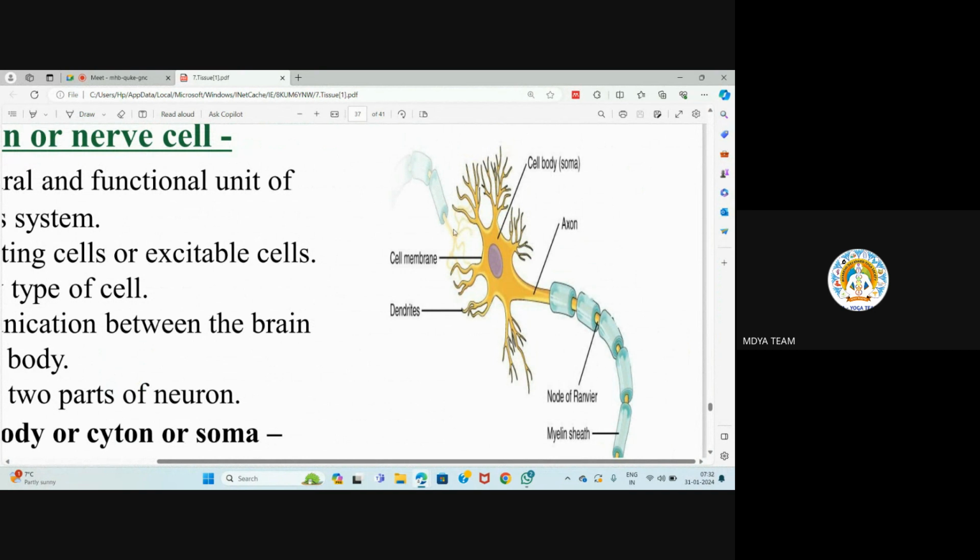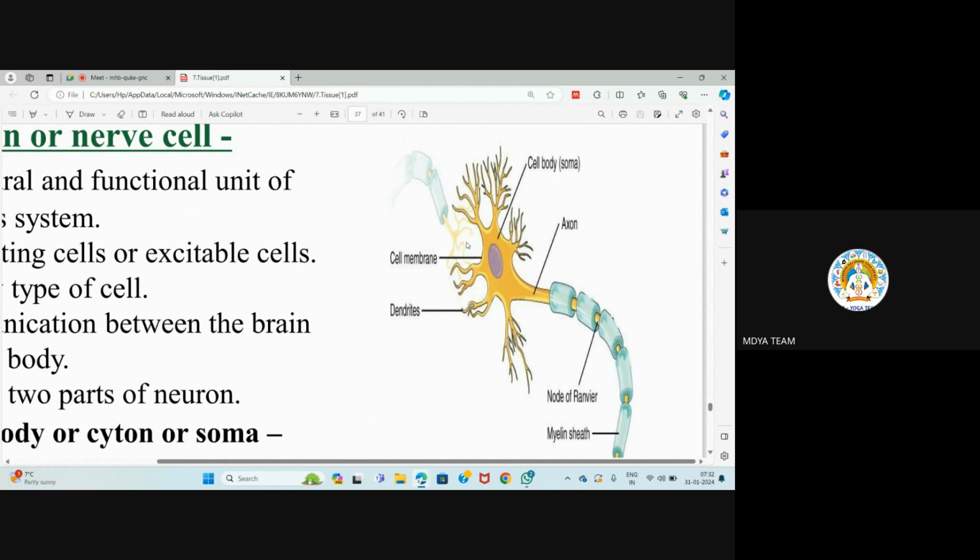So neurons are attached with one another. The axon terminal of the previous neuron is attached with the current neuron which we are seeing, as the axon terminals of the previous neuron are attached with the dendrites of the current neuron.